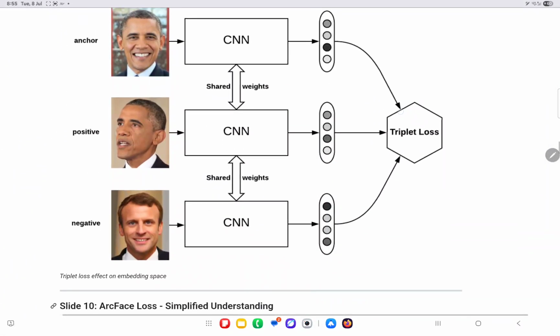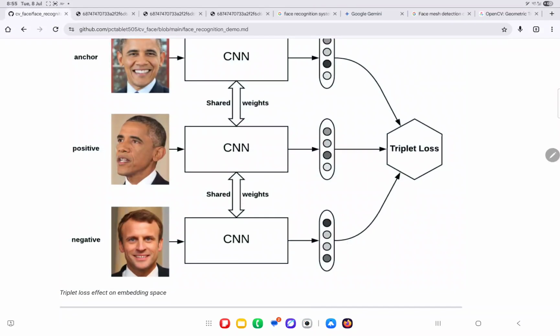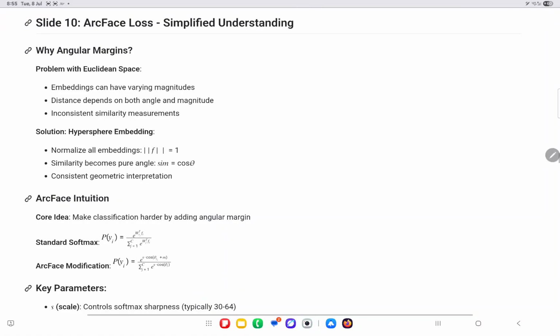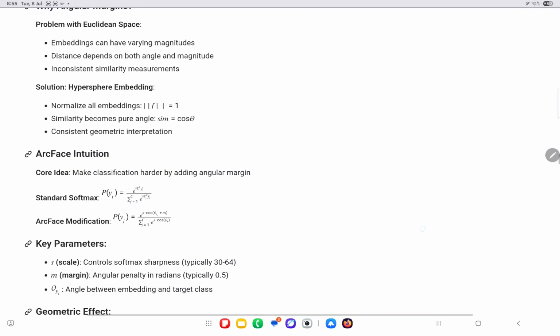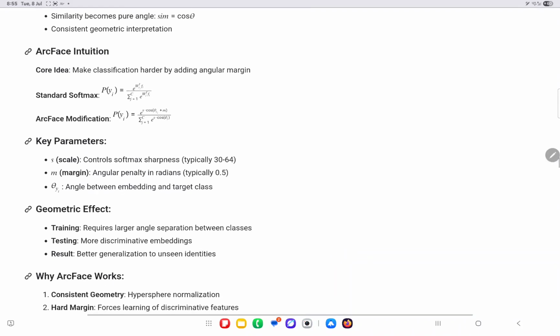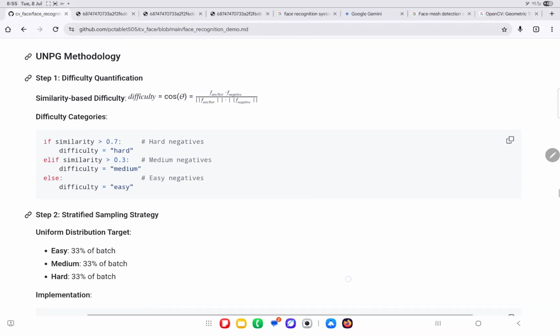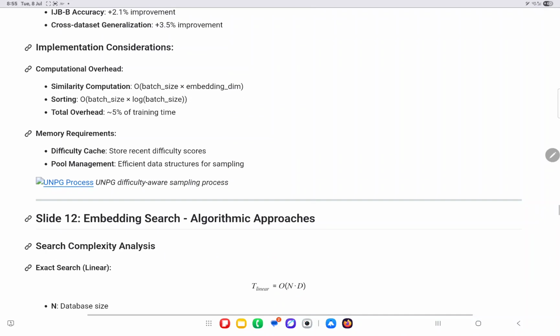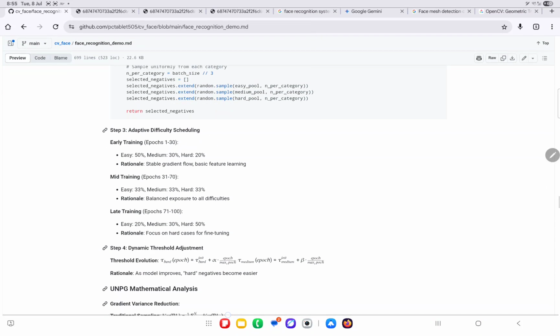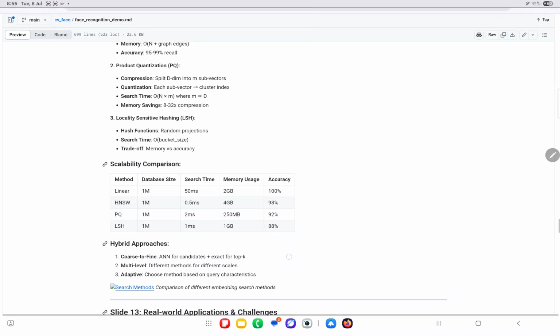This was triplet loss, and ArcFace is another loss that trains on a classification problem. Yes, I wanted to discuss the results.